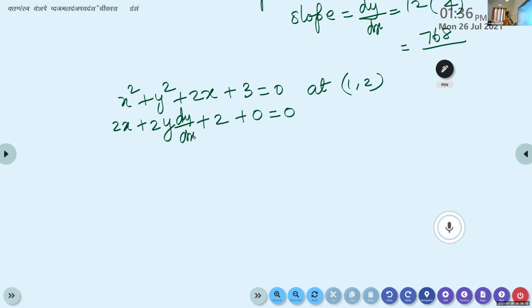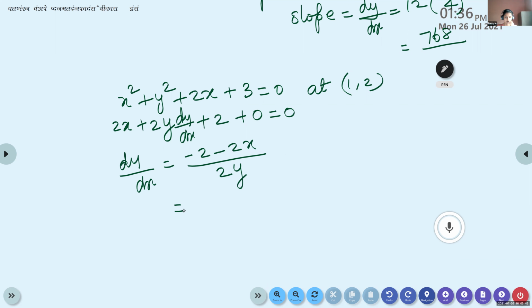Now, Punya, substitute the value and give me the answer. What is dy by dx? Yes. Now it is okay. dy by dx is equal to minus 2 minus 2x by 2y. Okay. Minus 1 minus x by y.